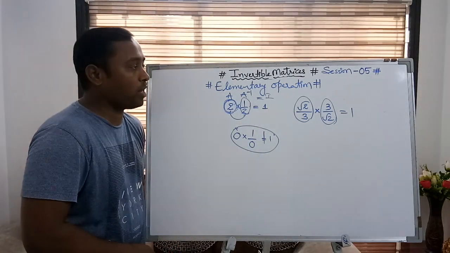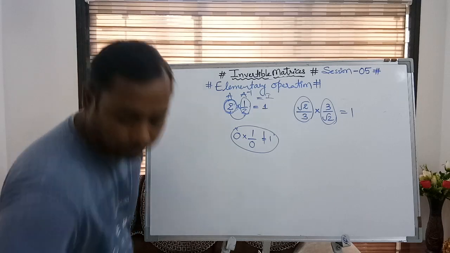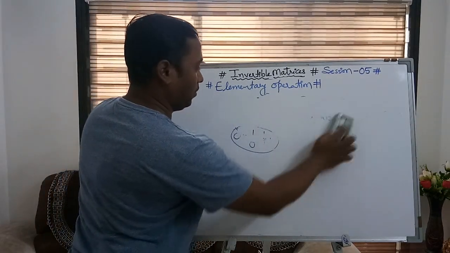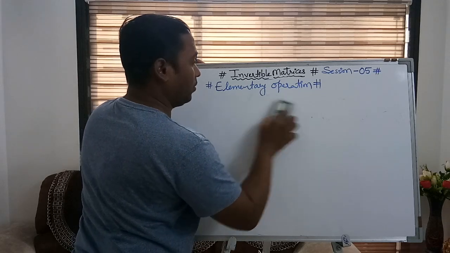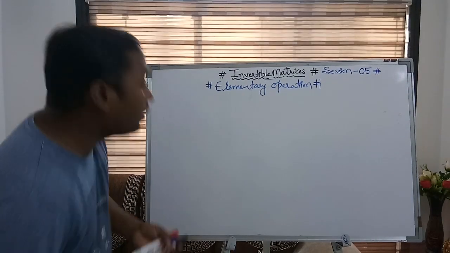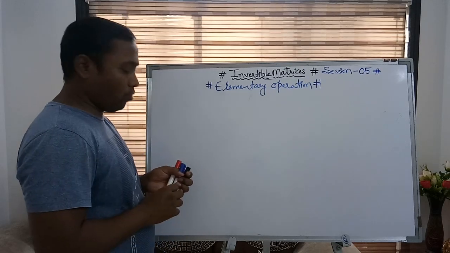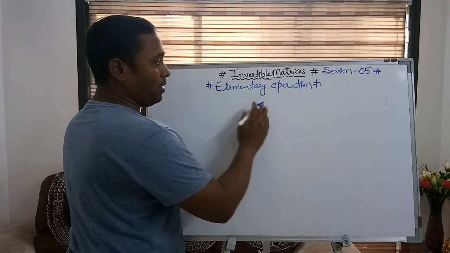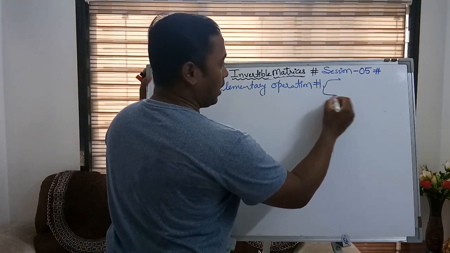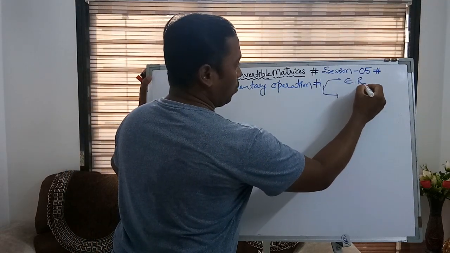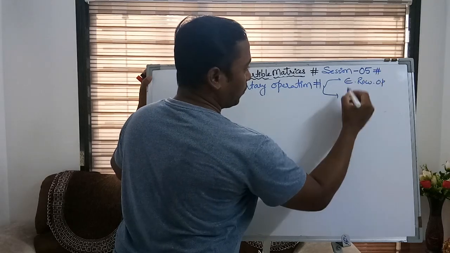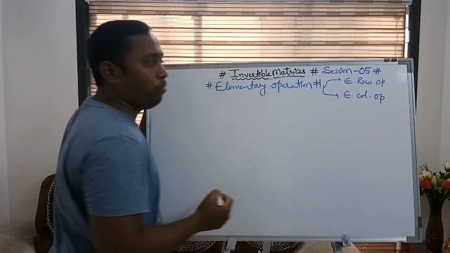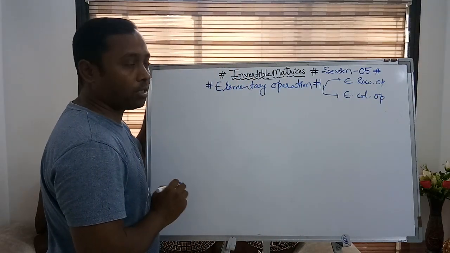So now let's try to understand elementary operation. What is this elementary operation? How will we move with it? Now see. Again, to apply this method, we have two options: elementary row operation or elementary column operation. There are two possibilities to apply the operation.